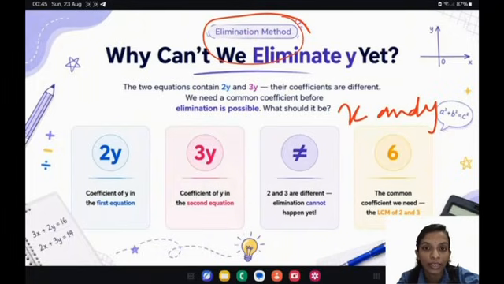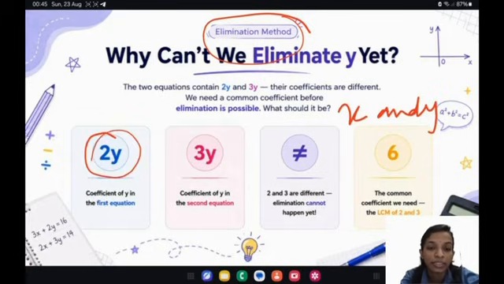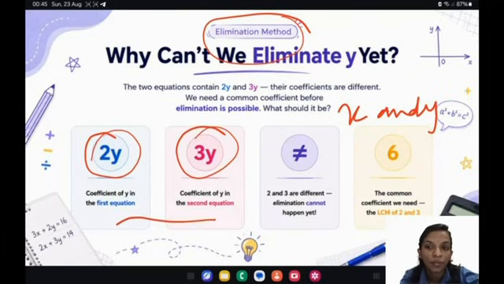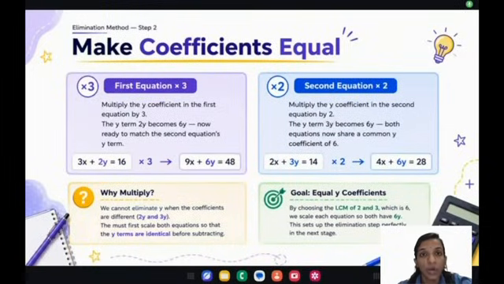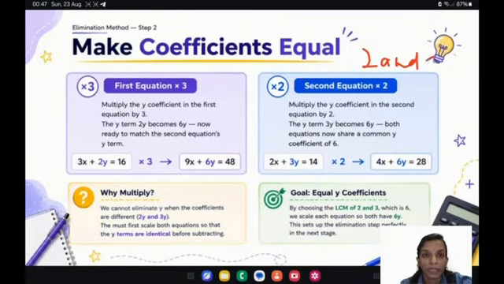Let's look at the y terms. The first equation has 2y. The second equation has 3y. So their coefficients are not equal, and we cannot eliminate y yet. Now think about the numbers 2 and 3. What number can both of them become? Yes, 6. How do we make 2 into 6?